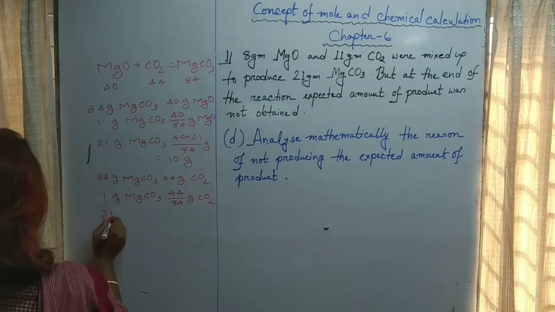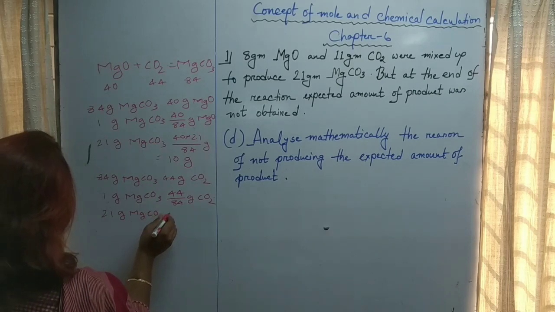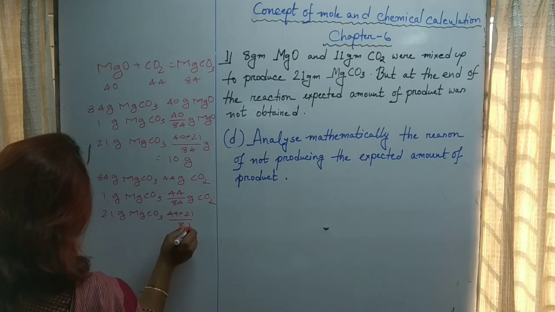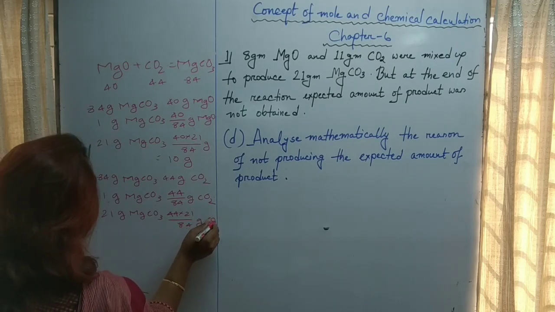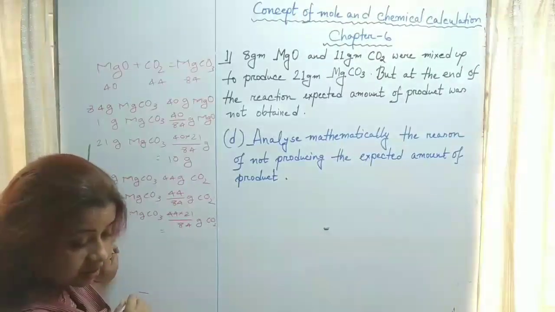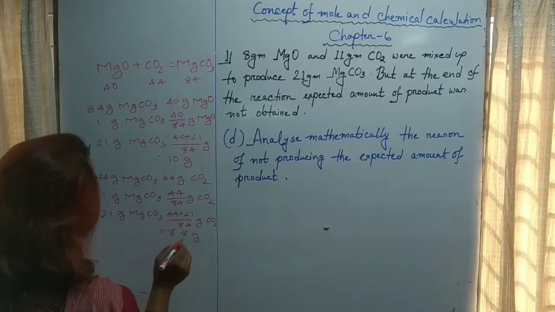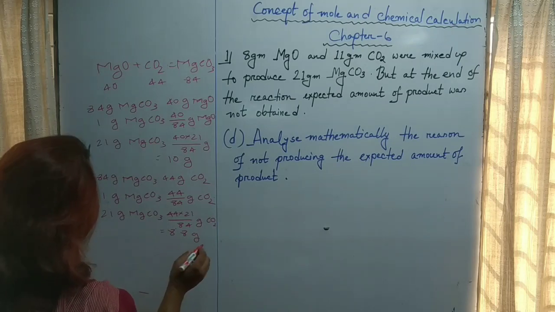For producing 21 gram magnesium carbonate, that means how much carbon dioxide is needed? 8.8 gram carbon dioxide is needed.